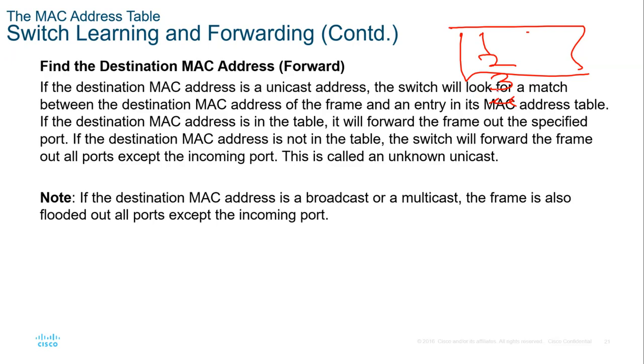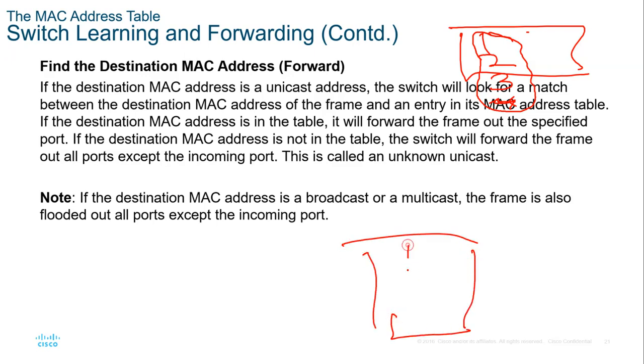Every time a switch receives a frame, it has to update. But if it wants to forward, then it has to find the MAC address among these MAC addresses in the MAC address table.